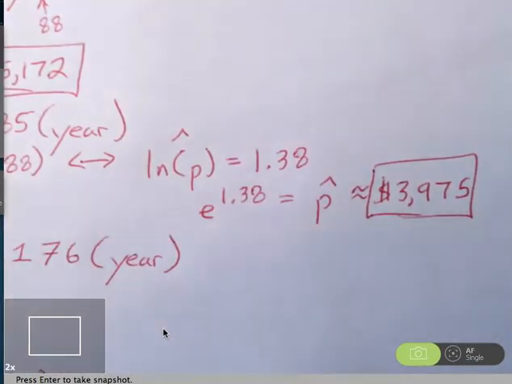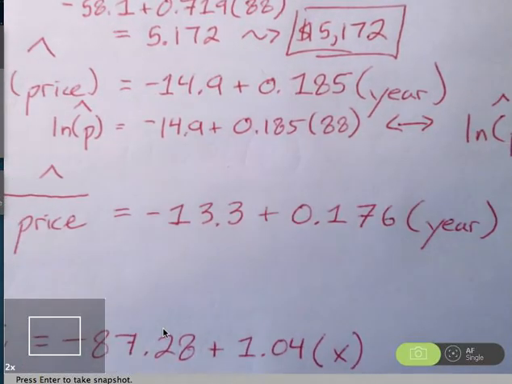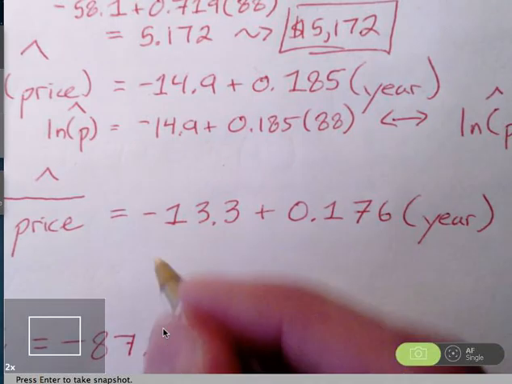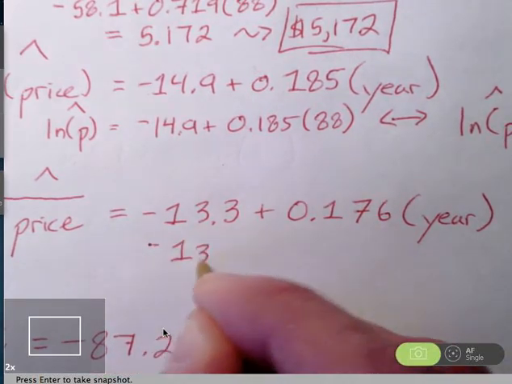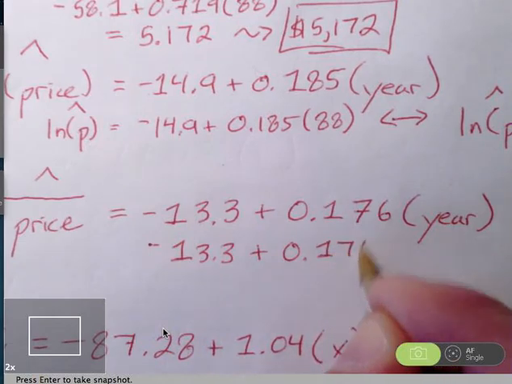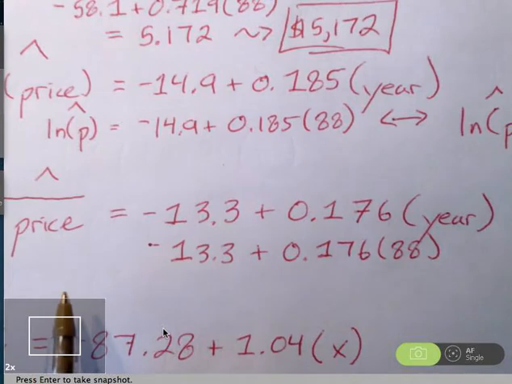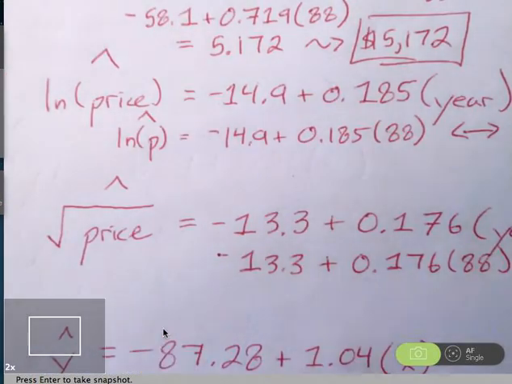So part C, to do this estimate, again, same as before, I need to put in my year of 1988. So I'll start with the negative 13.3 plus the 0.176 times the 88. But what that's going to give me then is the predicted square root of the price.